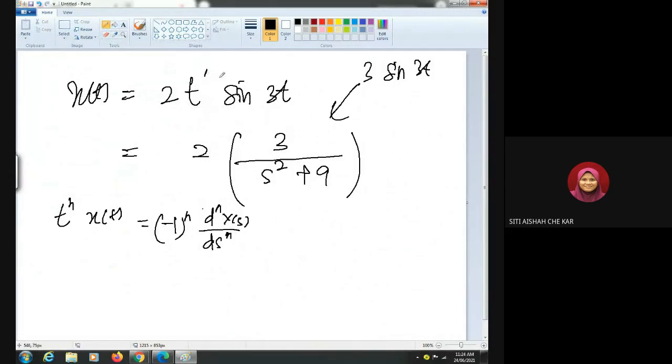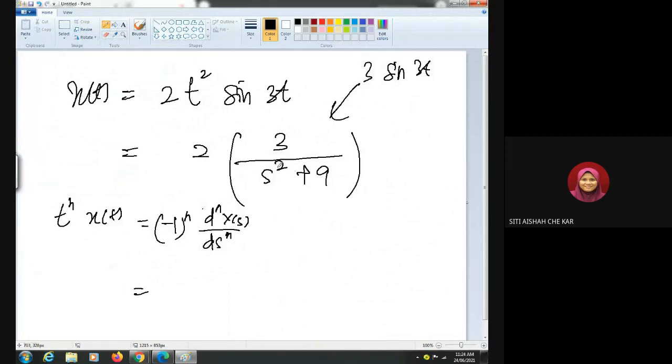Okay, kita buat t kuasa 2 lah supaya you nampak. Okay, so kita kena differentiate 2 kali lah. So sekarang kita ambil kita punya jawapan ni, and then kita masuk dalam ni.